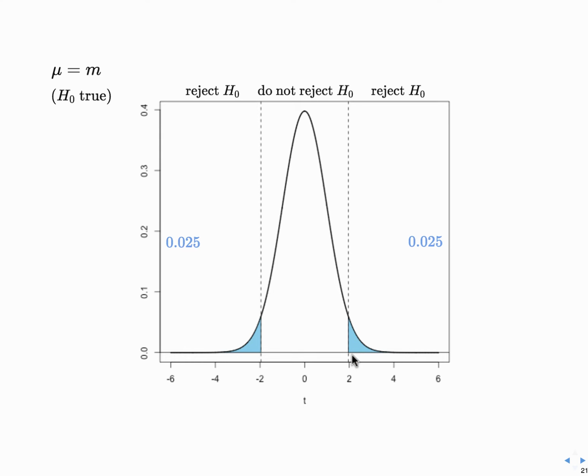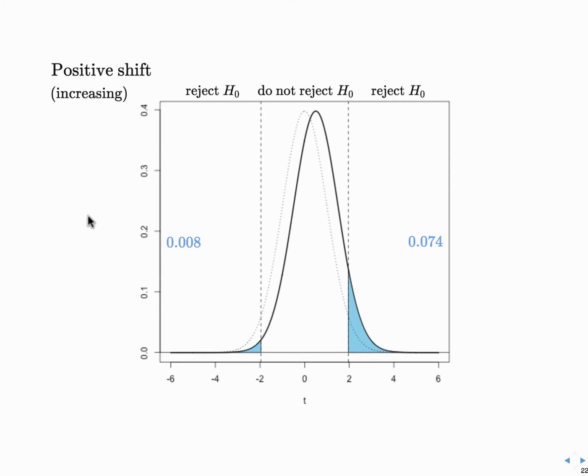So the probability of being in this region when the null hypothesis is true is 0.025, and the probability of being in this region is 0.025. So overall, the probability of rejecting the null hypothesis when we add those probabilities together is 0.05. This is the picture we've seen before. Okay, so that's illustrating the probability of a type 1 error, because when the null hypothesis is true, rejecting the null hypothesis would be an error. So 95% we do not reject the null hypothesis.